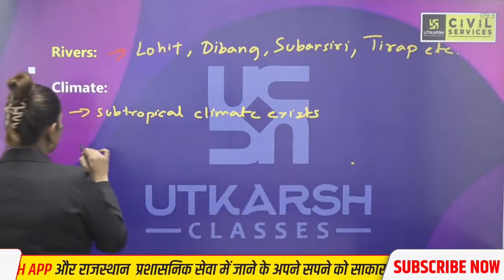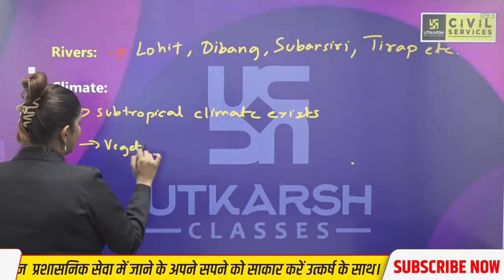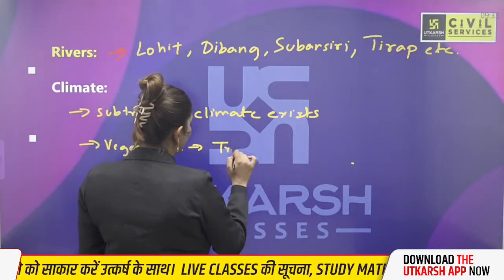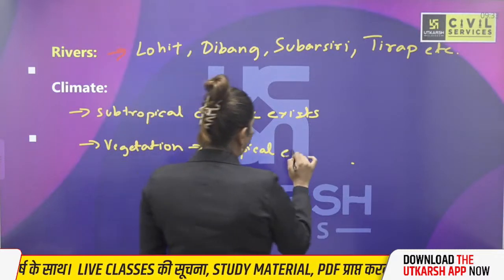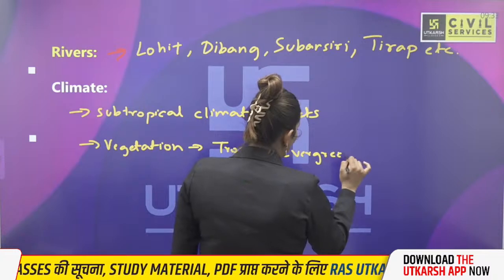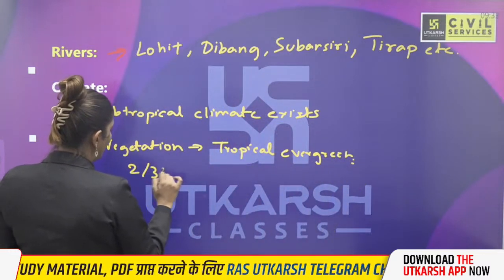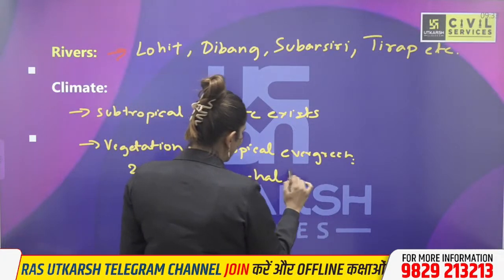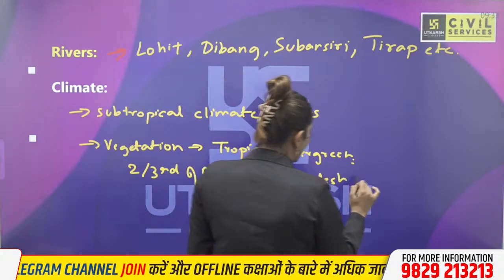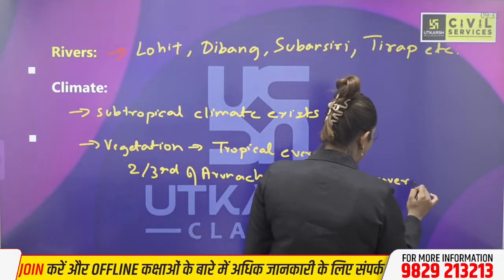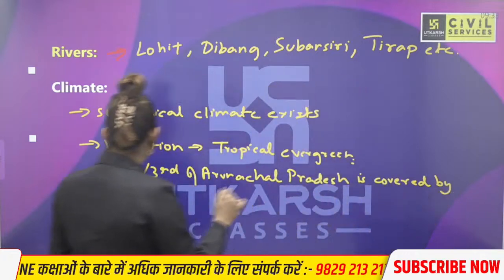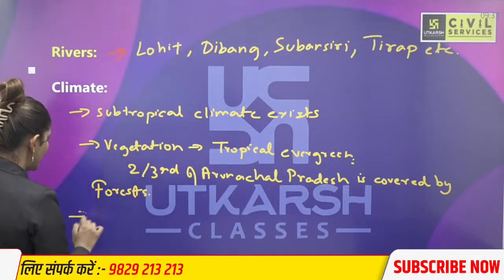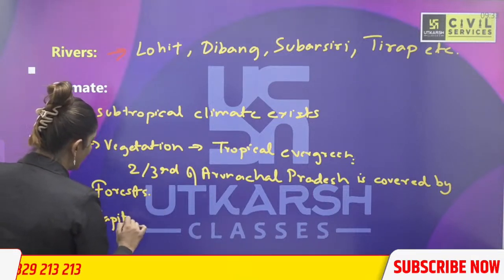The kind of vegetation that exists here is tropical evergreen with broadleaf as well, and 2/3 of Arunachal Pradesh is covered by forest. You have to remember this as well. 2/3 of Arunachal Pradesh is covered by forests. Also, its capital is Itanagar.